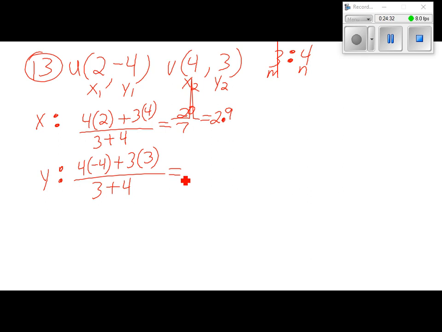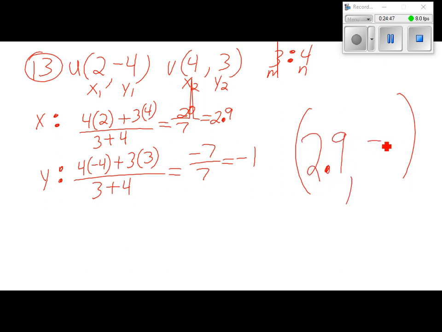Negative 7. What's on bottom? It's negative 7 divided by 7. Negative 1. So it would be 2.9, negative 1. X coordinate, Keaton says, is 2.9. Y coordinate, negative 1. That's our answer.